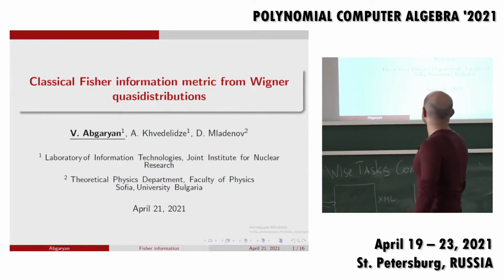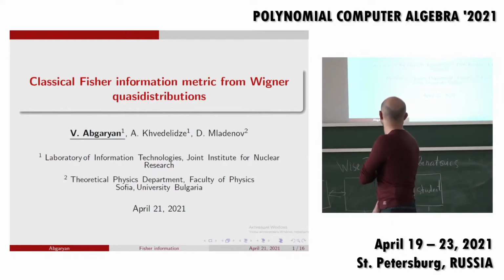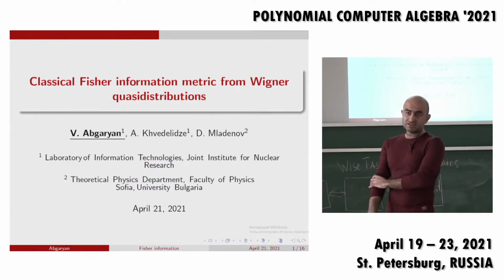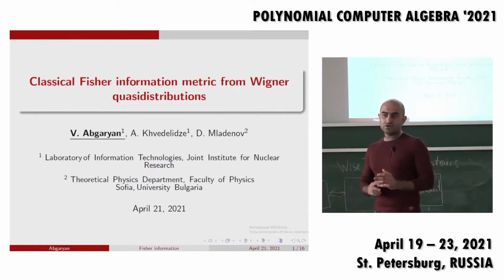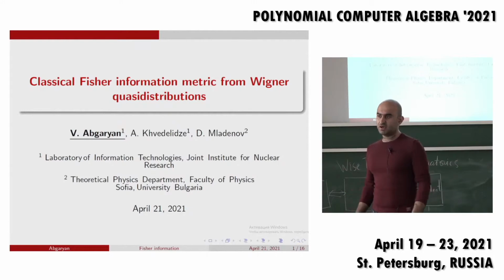Moving forward, my presentation is entitled Classical Fisher Information Metric from Wigner Quasi-Distributions. Since the first talk by Martin, my talk, and the next talk are interlinked, I would like to give a little bit of context first.